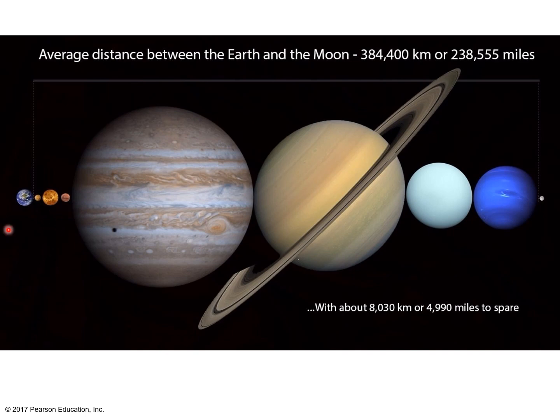Now the reason they chose to make the slide like this is just to show that between Earth and the Moon, there's enough space. It is about 238,000 miles between the Earth and the Moon. But if you could line up all the planets, they would fit right between Earth and the Moon, with about 5,000 miles to spare.